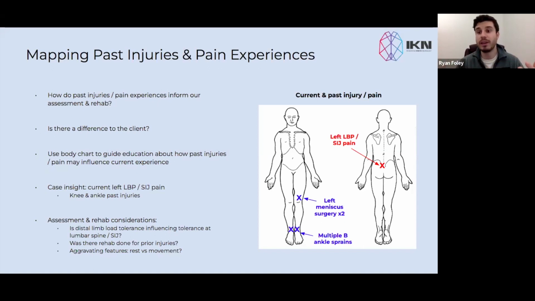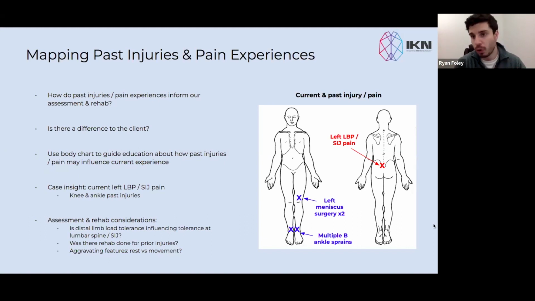And one key feature there is that the limbs have to experience force first from the external environment, because those are the structures that directly engage with the external environment. And so this gives us a better framework upon which we can use the individual's previous injury from a spatial standpoint to make sense of their current injury with them and to educate them.